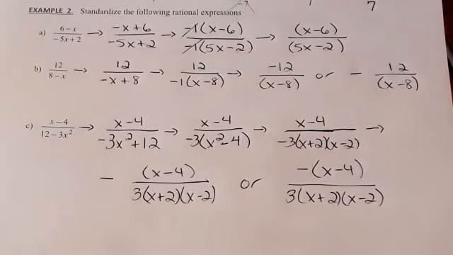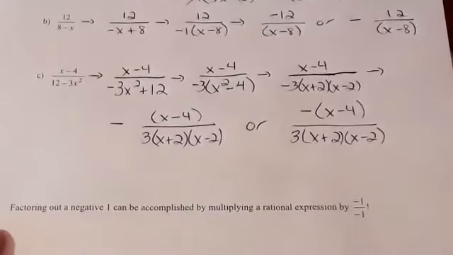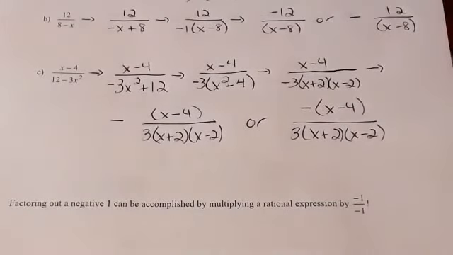One trick that I mentioned below is that if you ever wanted to factor out a negative, you can always just multiply a rational expression by -1 over -1. We're allowed to multiply by -1 over -1 because that's the same as multiplying by a +1. So there are no issues with multiplying by a 1. It's an identity.